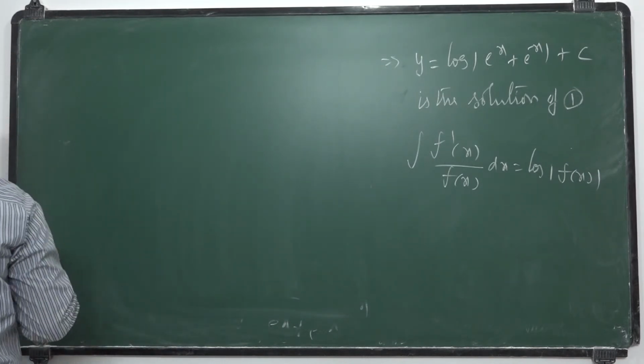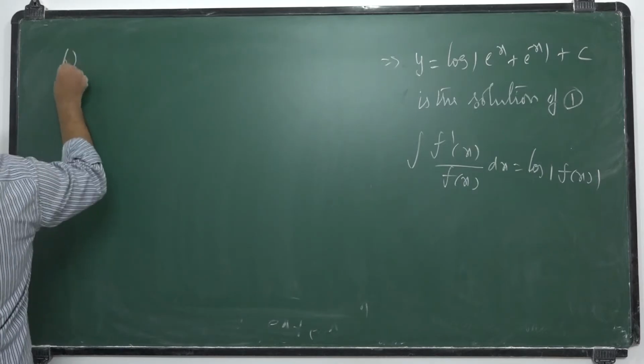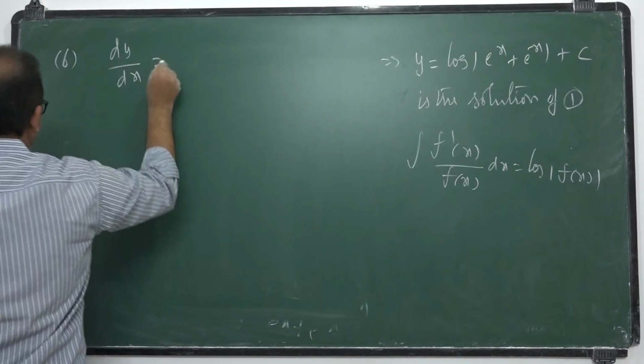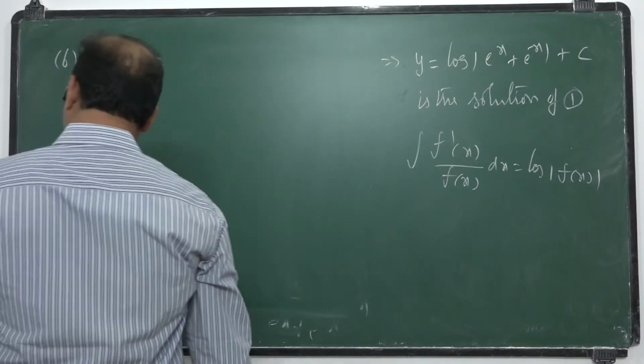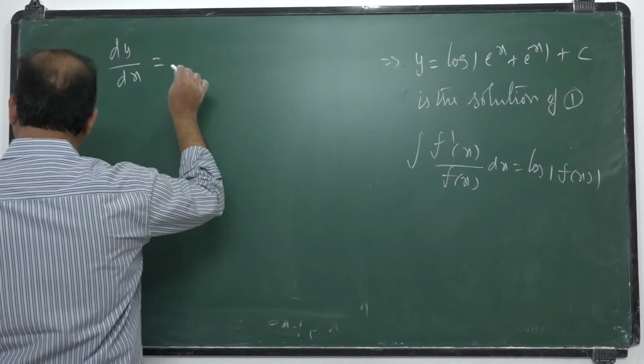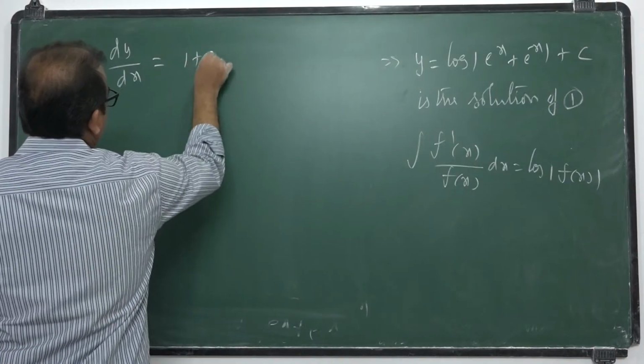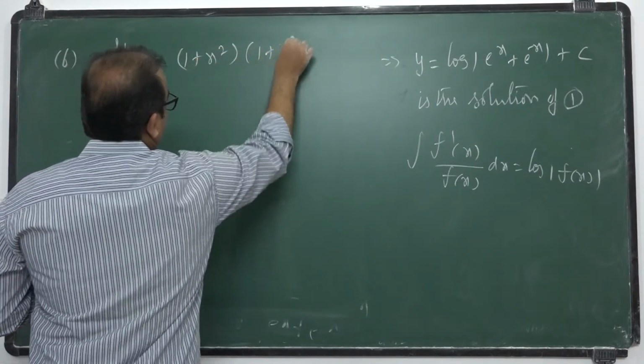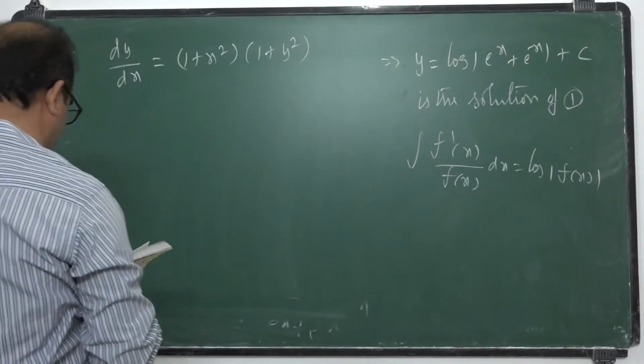Next, sixth problem. dy by dx is equal to 1 plus x square into 1 plus y square.